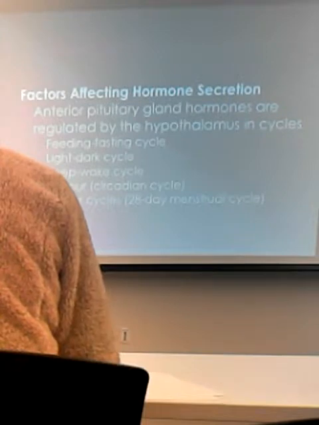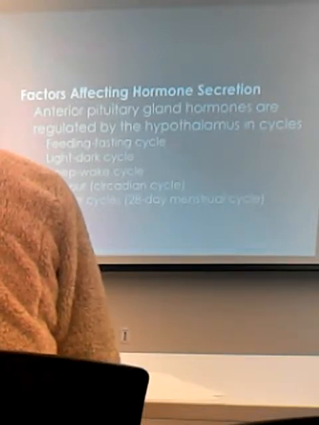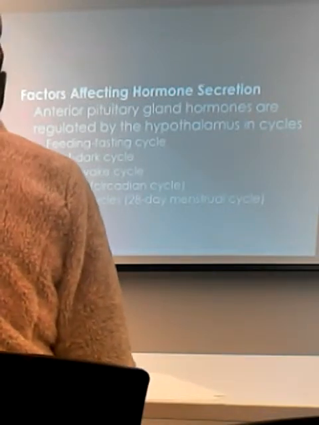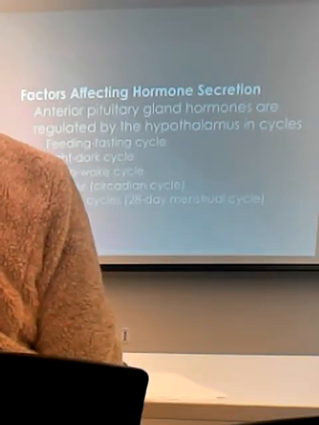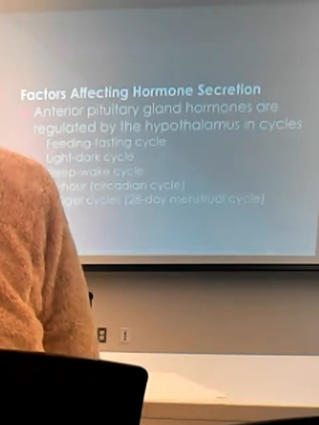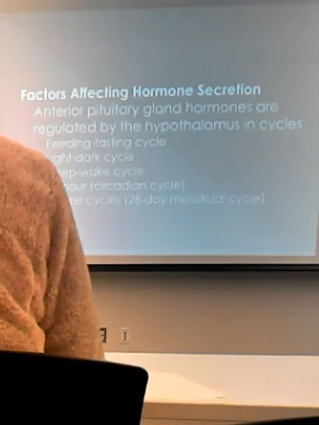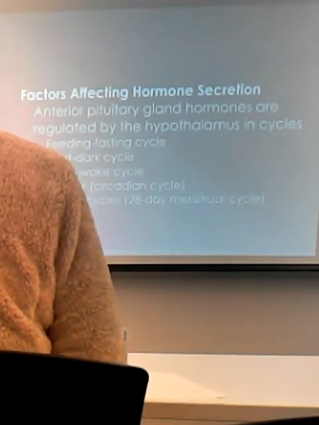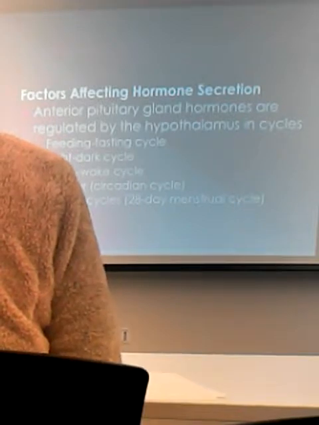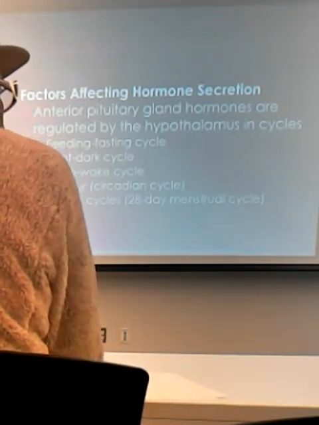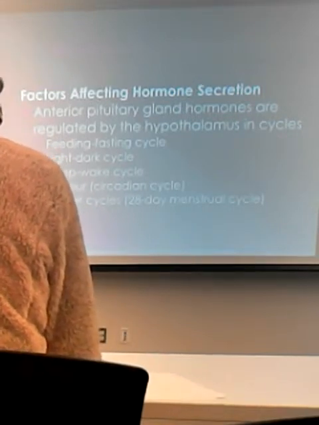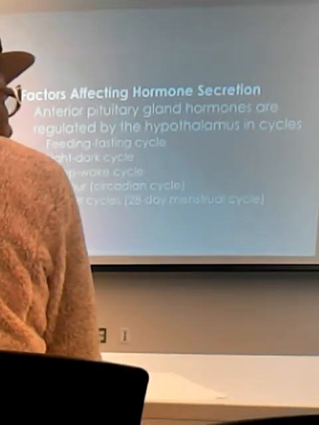So, what kinds of factors go into influencing hormone secretion? For the anterior pituitary, I am assuming that you know the hormones that are in the anterior pituitary. If you want an easy way to remember it, flat pig.